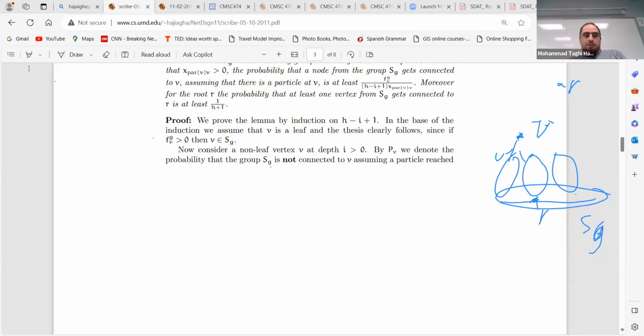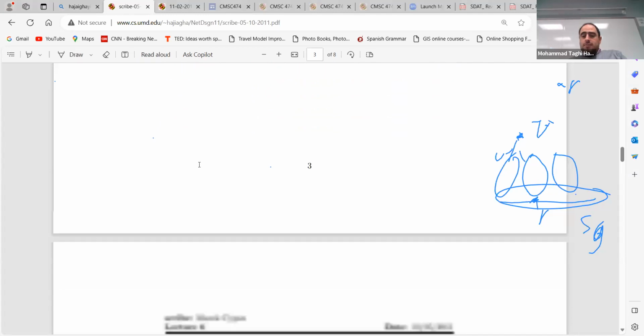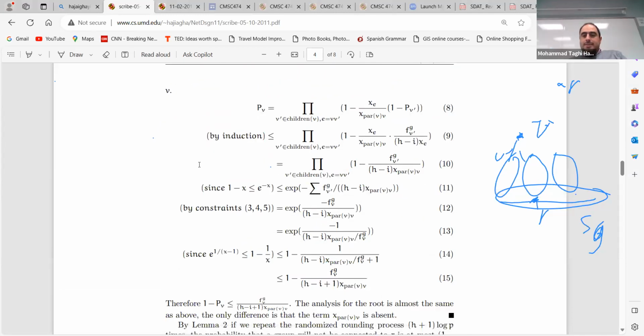Like a beautiful proof, actually, very simple. The original one is much more complicated. The whole thing is this math. So let's just write it down and we are done, essentially. Good. What is the PV? The probability that V is not connected is that, of course, none of these guys that the particle goes to should connect it to SG.